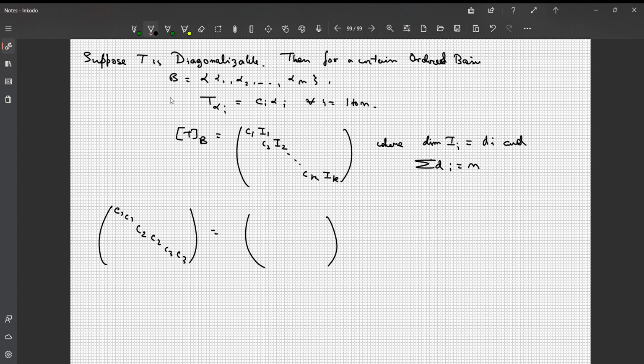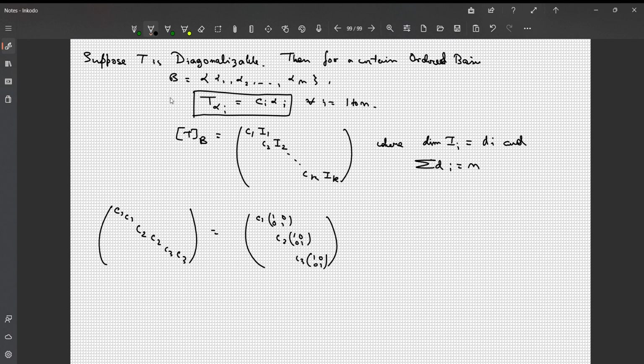Obviously the way to write this is c1 times the identity with 1 0 0 1 on the diagonal, c2 times 1 0 0 1, and c3 times 1 0 0 1, and the dimensions of these identity matrices give you the algebraic multiplicity of each ci, or the repetition of each ci with respect to the alpha i's present in the ordered basis completely, right? So this is why we have ensured such a representation.